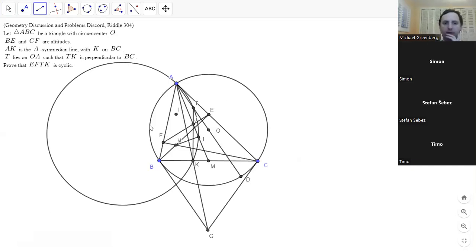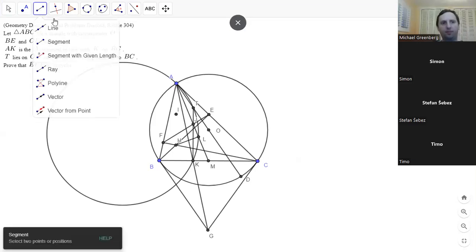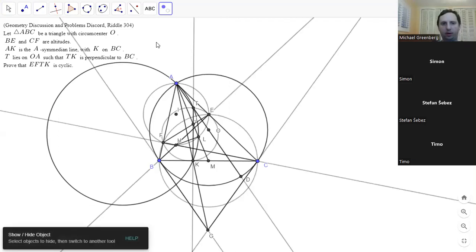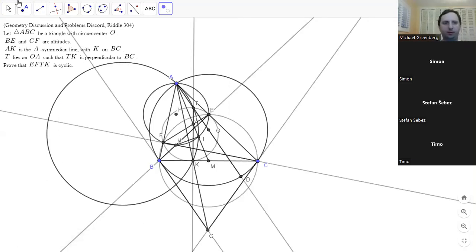And yeah, EF, LH, and BC meet at a point. But yeah, I'm not going to draw that point just yet. Actually, maybe it's worth having this circle because we have the Humpty point.